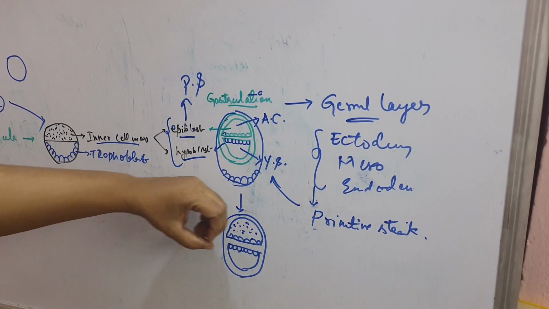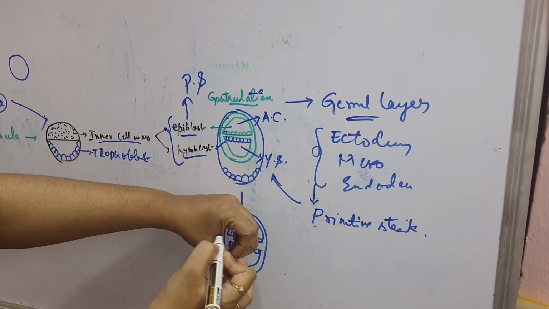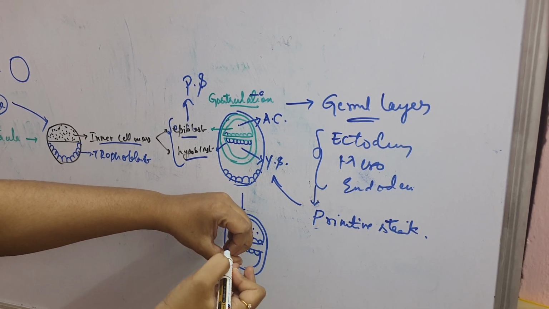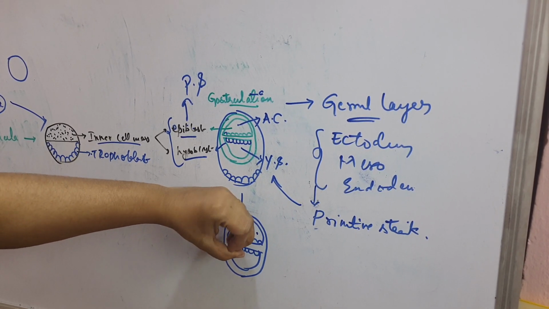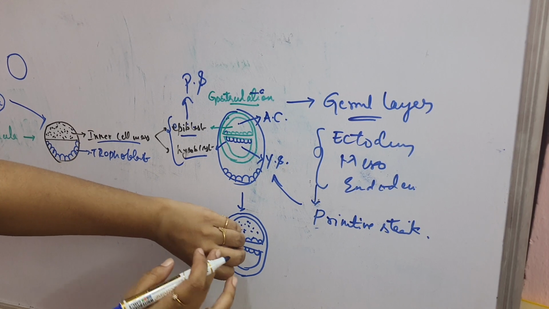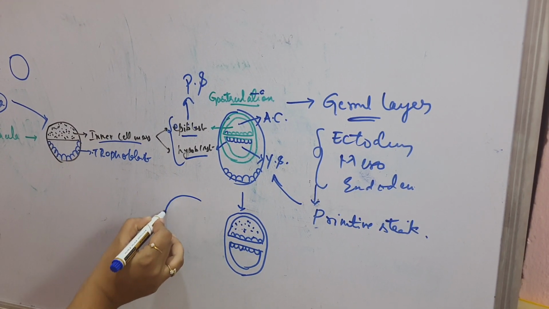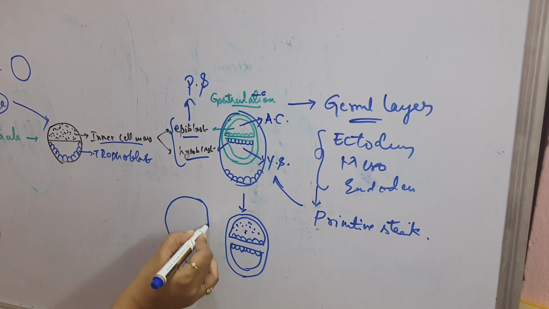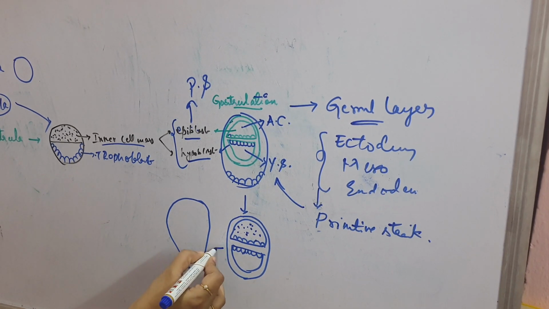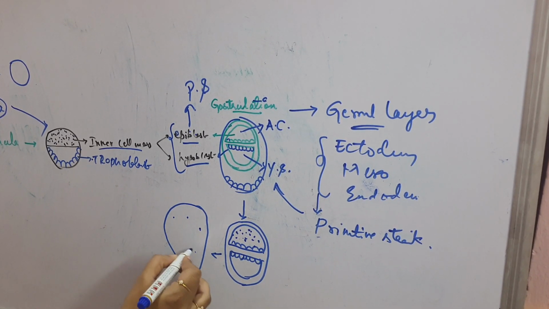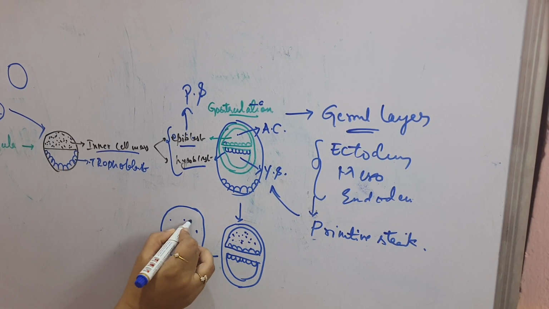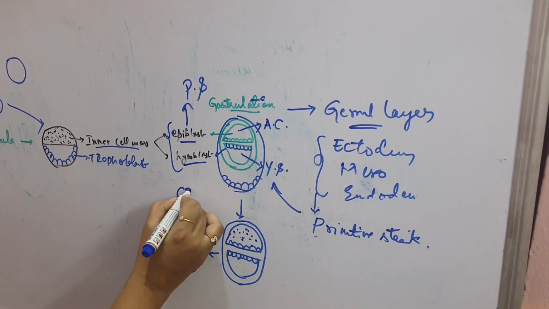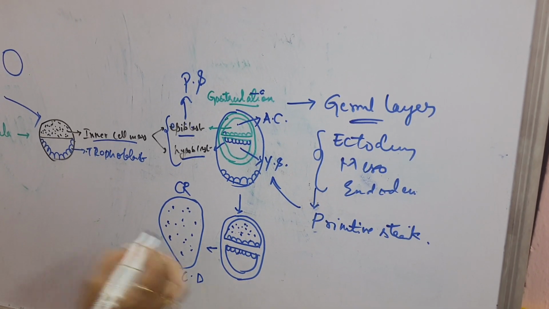Now suppose, see, this is the embryo. Till half you have epiblast, till half you have hypoblast. Now we will see the embryo from this side. From this side, how will you see your embryo? You will see your embryo like this. Okay, and all this part is your epiblast. Now this is your cranial end and this is your caudal end.